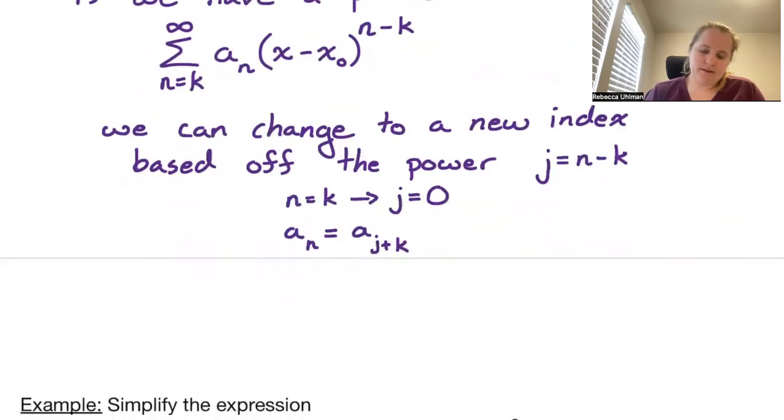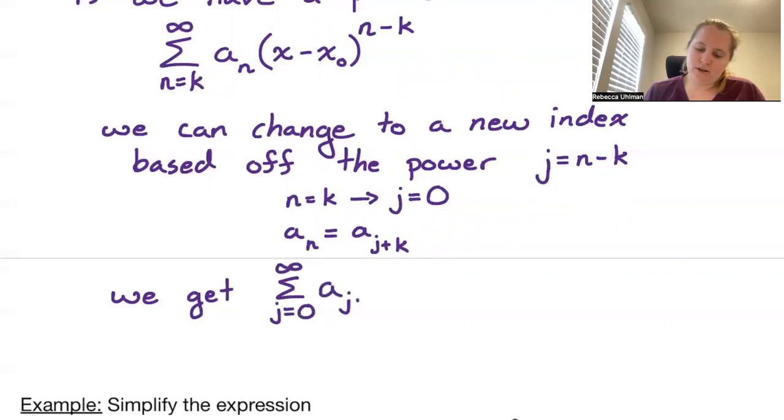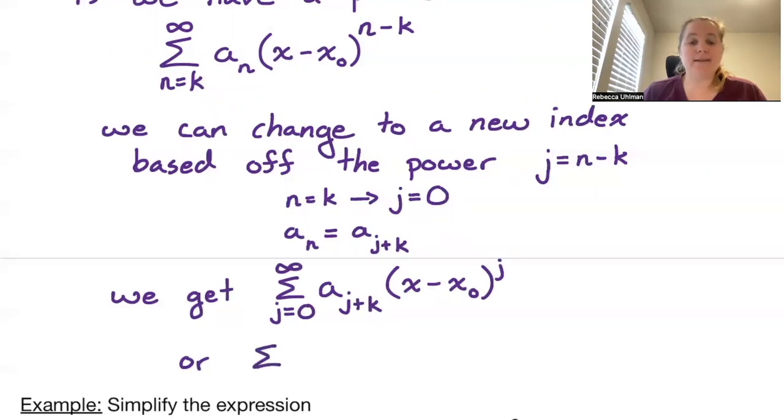So we get the sum from j equals 0 to infinity of a sub j plus k times (x minus x naught) to the j, or equivalently, we can swap j back for n now. We can index with whatever letter we use.